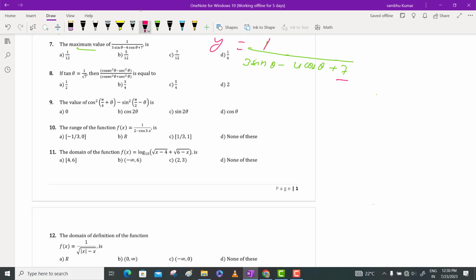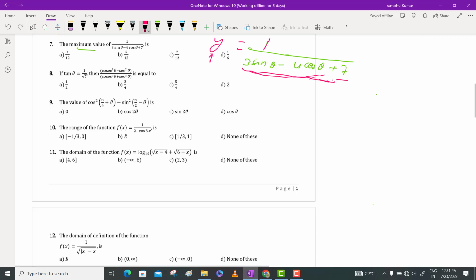So y is maximum when this whole thing is going to be maximum, when this denominator is minimum. Correct now? This is minimum when this is minimum. Now let's see.